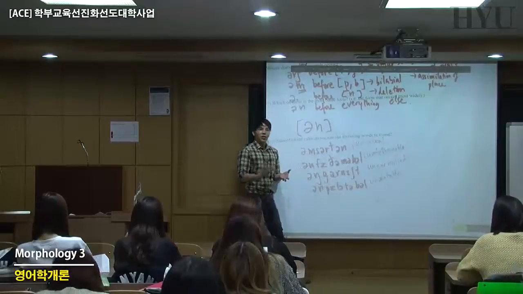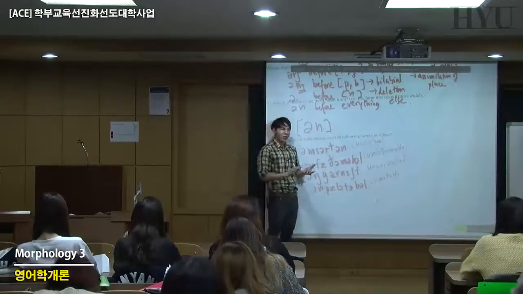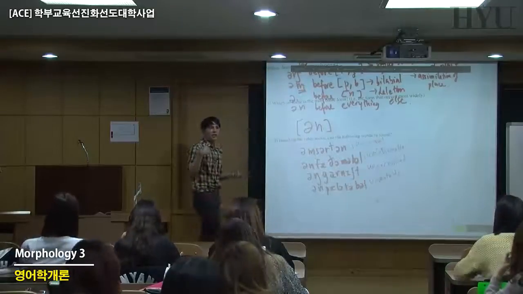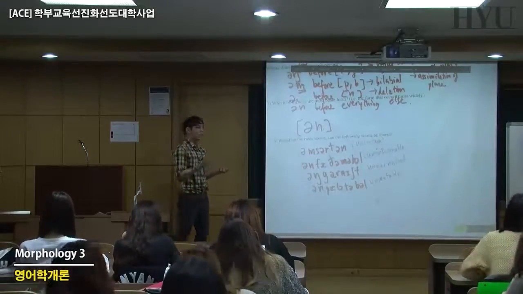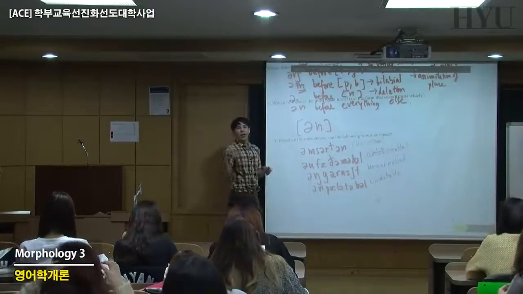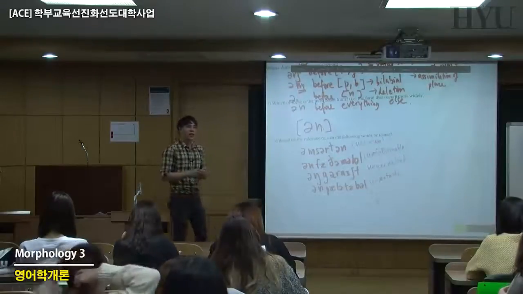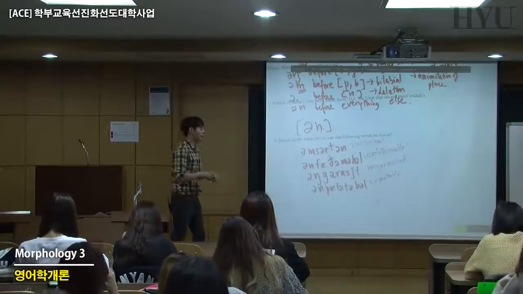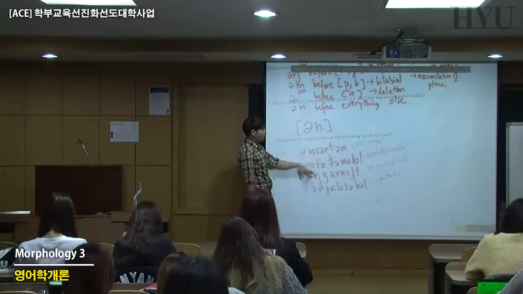Ungarnished, garnish is decorating, right? So ungarnished is not decorated. Palatable is pleasant, tasty, delicious, like that. So unpalatable is not tasty, not delicious, like that, okay? The food is unpalatable, like that. So we have 4 words here.